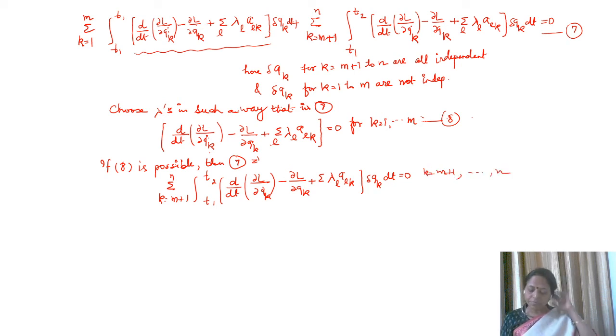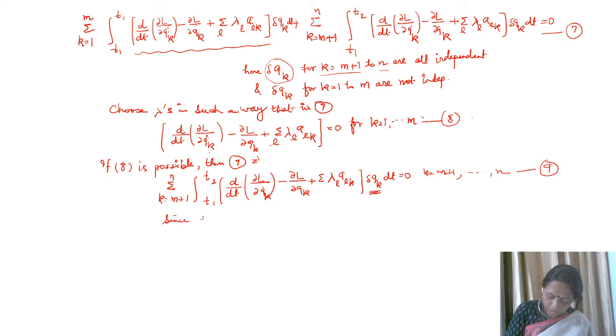Right? You have assumed that delta qk for k equal to m plus 1 to n are independent, and because these delta qk's are independent, this integrand will be 0 by the fundamental lemma of calculus of variation.